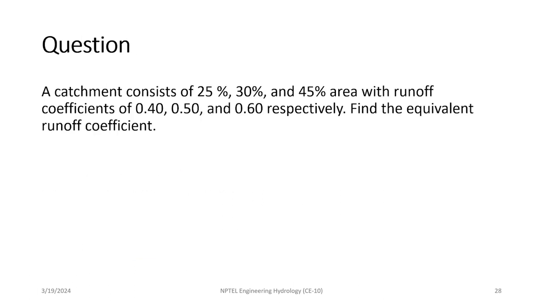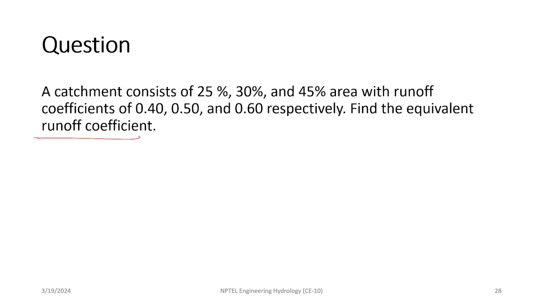Okay, so the next question here is related to runoff coefficients. You may wonder why this runoff coefficient is important, because these coefficients account for the changes in the land surface.